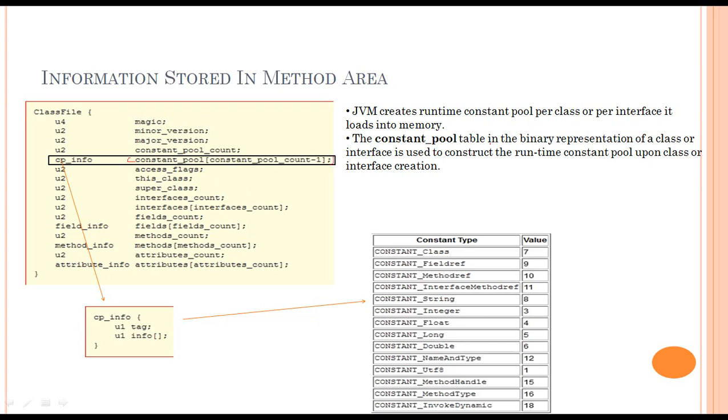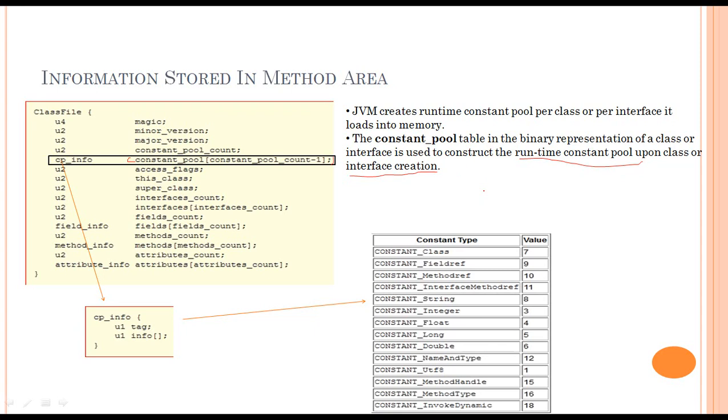The constant pool table is a binary representation of the class or the interface, and it is used to construct the runtime constant pool whenever the class is getting created. So this is the information that gets stored as part of the loading process.